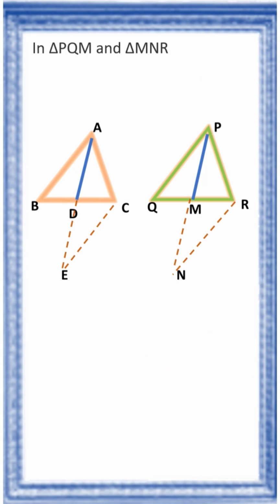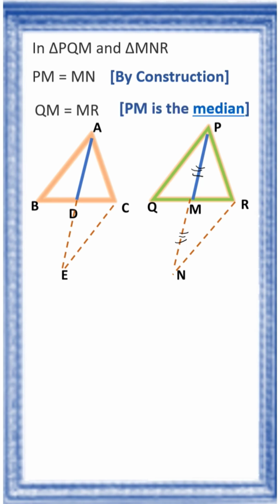Now in triangles PQM and MNR, PM is equal to MN by construction. QM is equal to MR. Why? M is the midpoint.